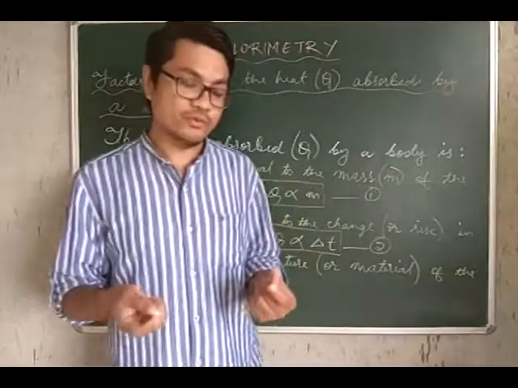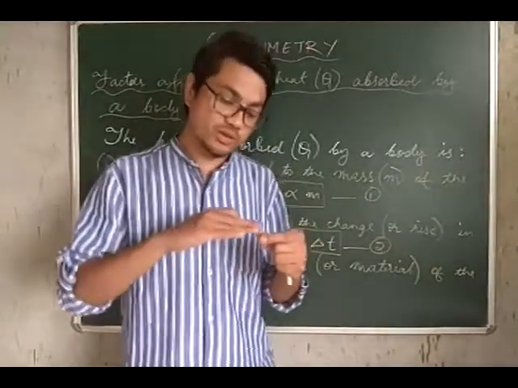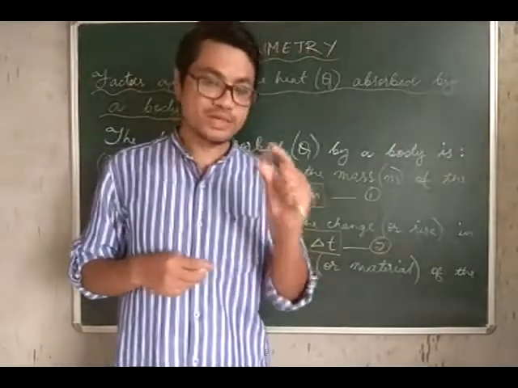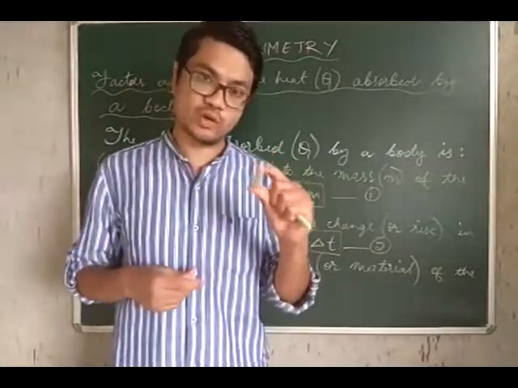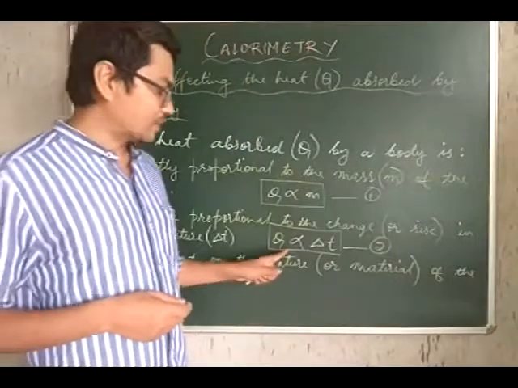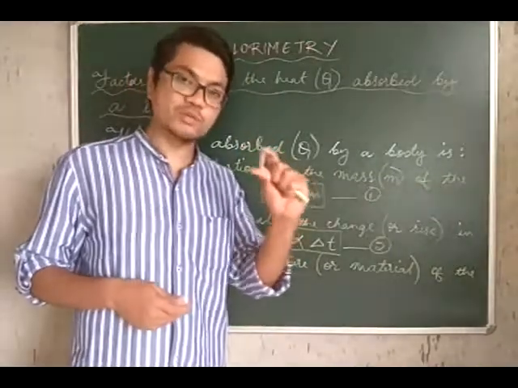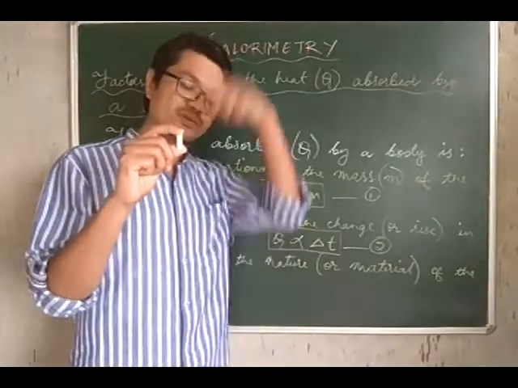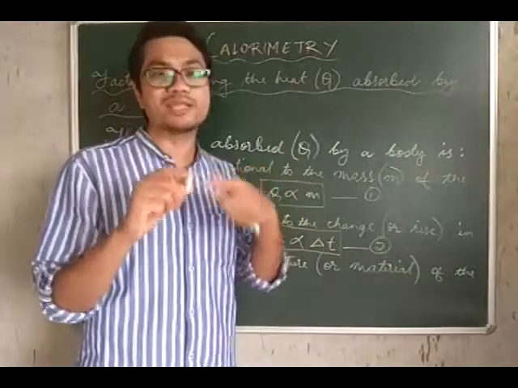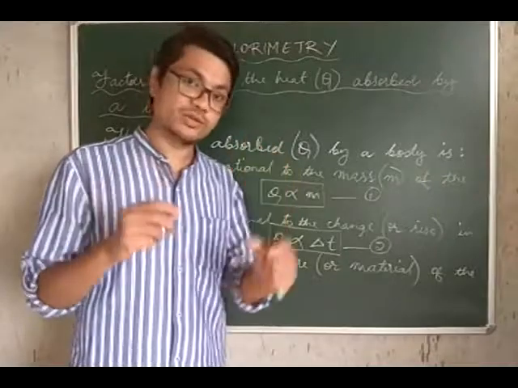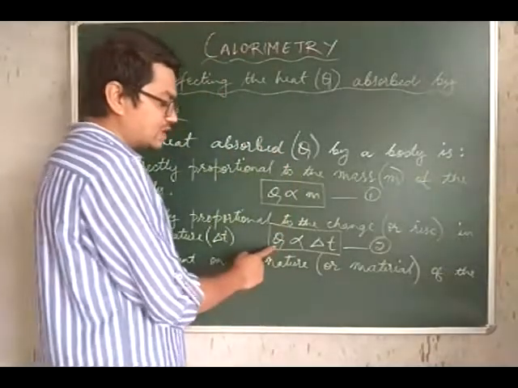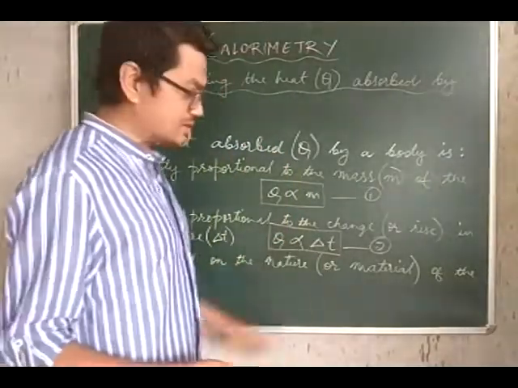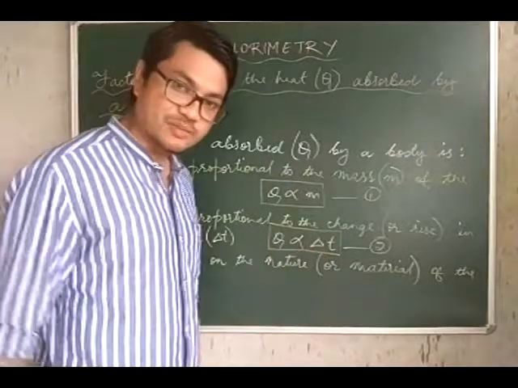Since the difference in temperature, or the rise in temperature, is more in the case of this piece of copper, we need to provide more heat to this body, of course. This has a lesser temperature difference, from 0 degrees C to 10 degrees C, therefore we need to provide a lesser amount of heat compared to this. So we write Q is directly proportional to the difference, or change, or rise in temperature.